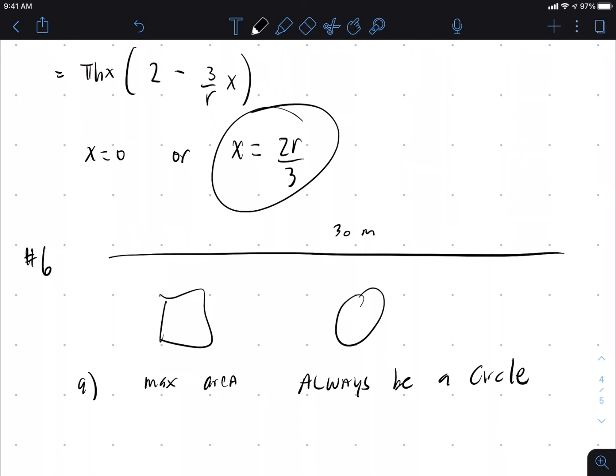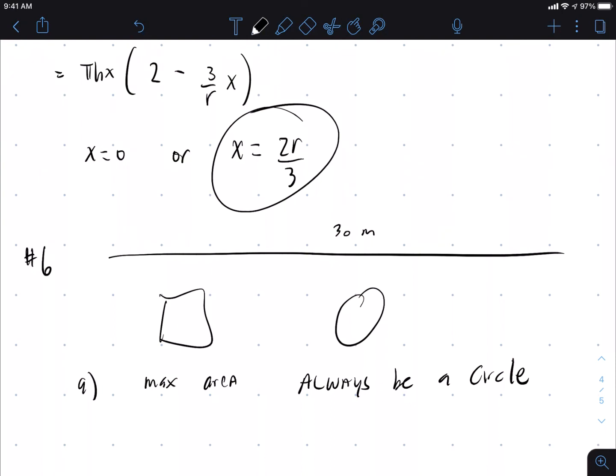So if you want the most area in your home, make your home a circle, for the amount of land that you have. Unless you have some funky, rectangular shaped property, then that changes things. But circles give the most area when we have fixed materials.